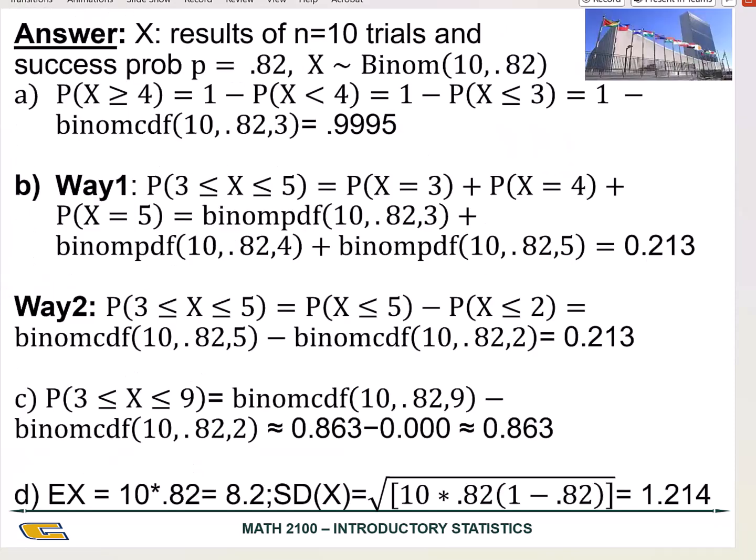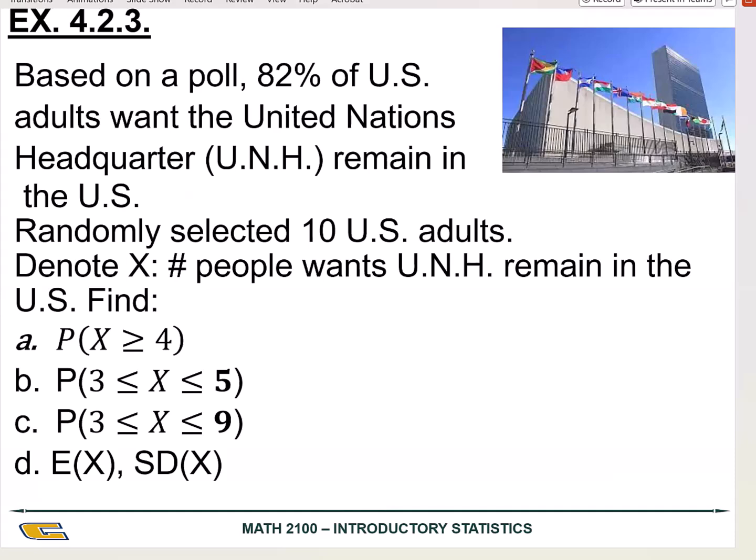So for part A, we want to find the probability of X greater than or equal to 4. Here again, before we process the problem, we should check if we can model it by a binomial distribution or not. Because you randomly select 10 U.S. adults, we have 10 independent trials, which is the first condition.